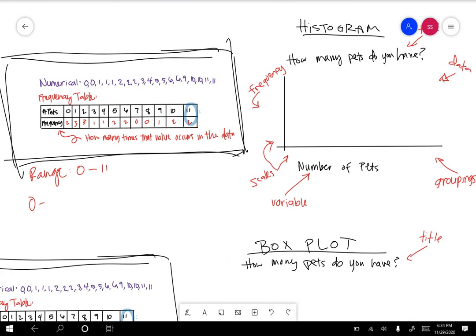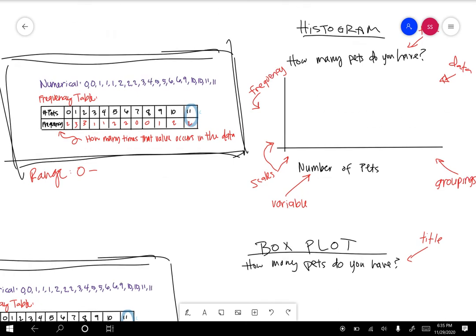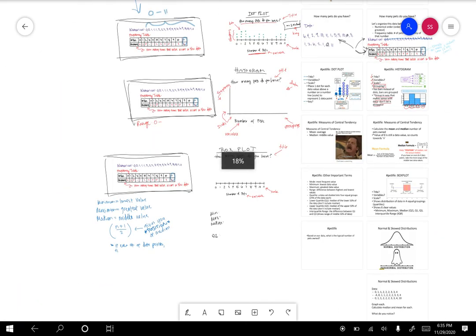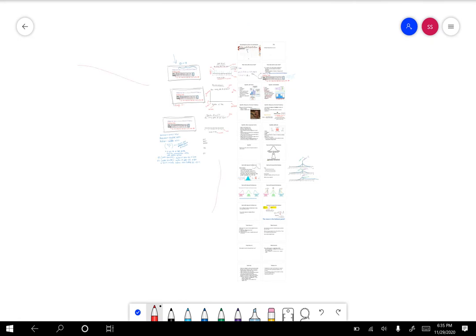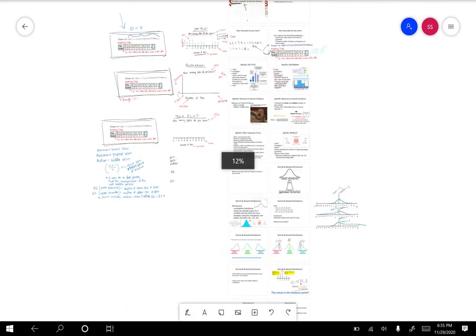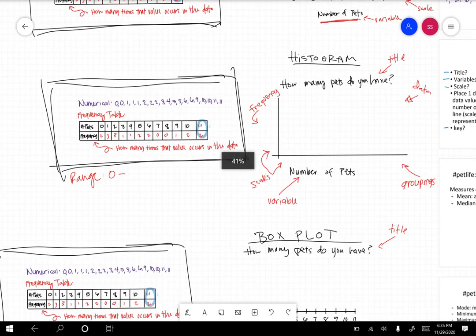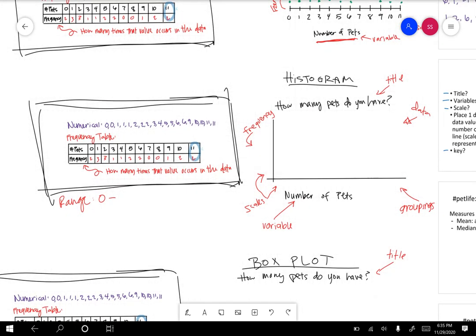So if your data is super spread out, like you have a range of 0 to 100,000, you'd want your groupings to be bigger. But in this case, we have a pretty small range of data, right? 0 to 11.